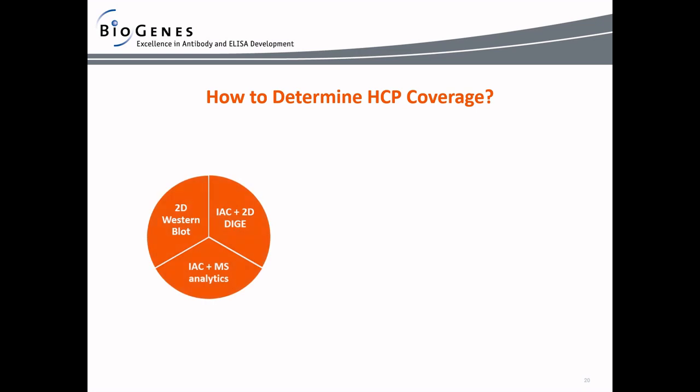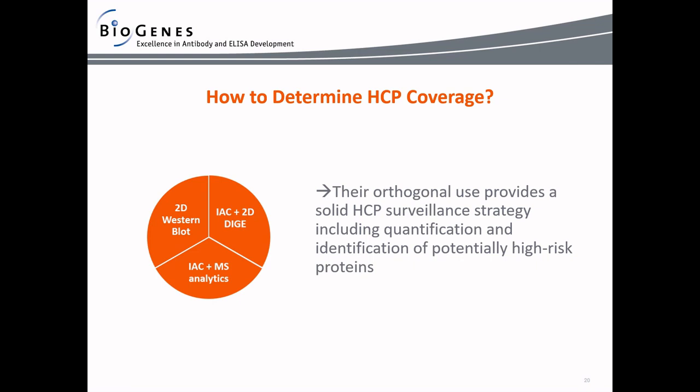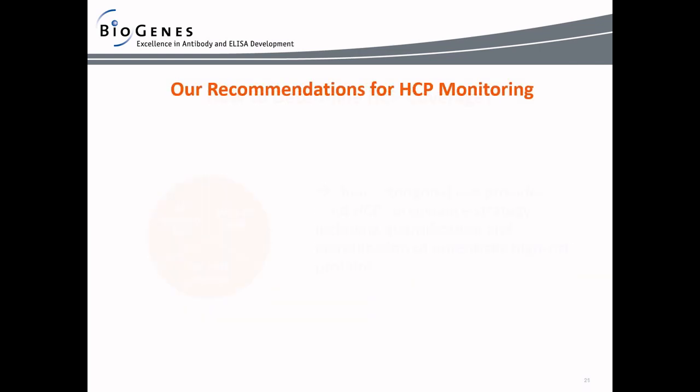So let me come to an overall conclusion. Every analytical method for coverage determination has its pros and cons, and their orthogonal or multiple use provides a solid HCP surveillance strategy, including quantification and identification of potentially high-risk proteins.